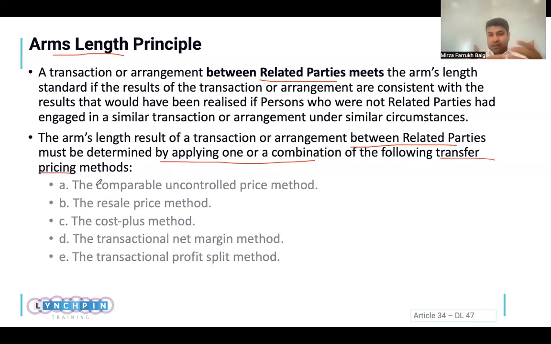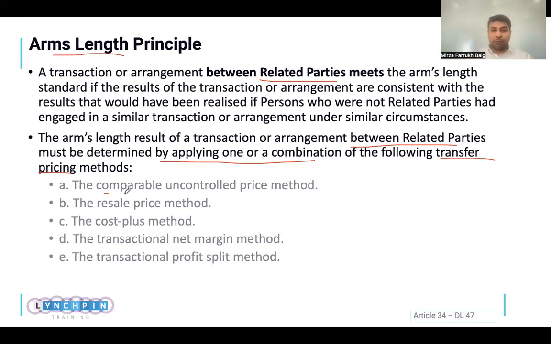Again, this is very high level. Transfer pricing in itself is a huge area. I may not be an expert in that, but definitely we have team members who are experts in this area.